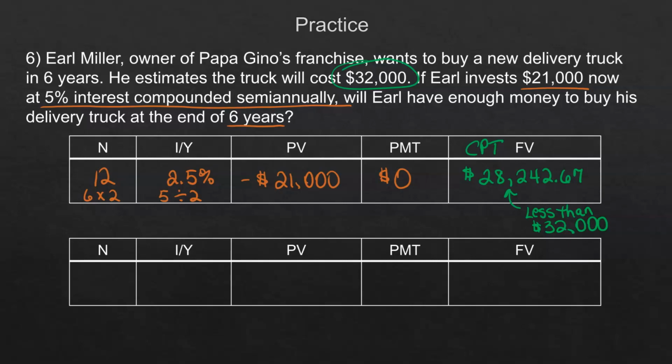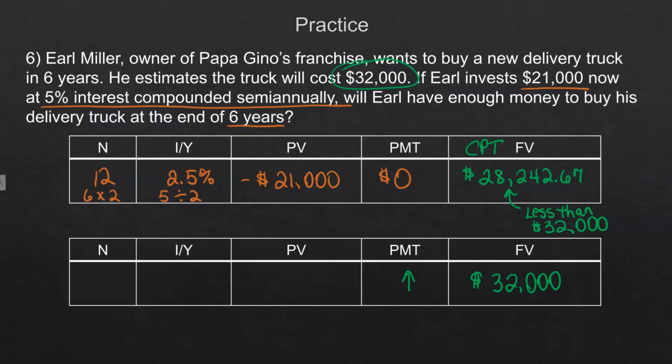So it's less than $32,000. We're going to verify this by calculating this a second time based on the future value, and we're going to find present value. So let's put in 32,000 here. Let's see what happens.